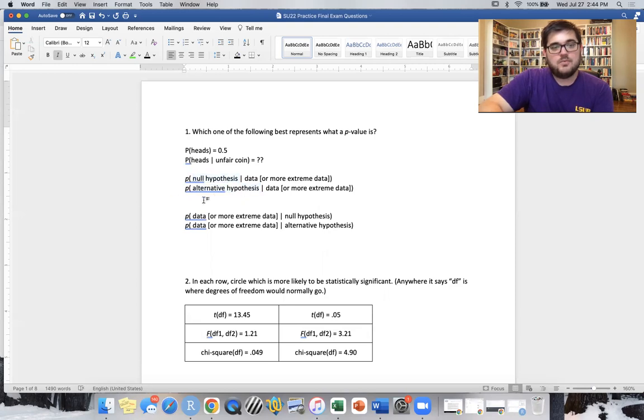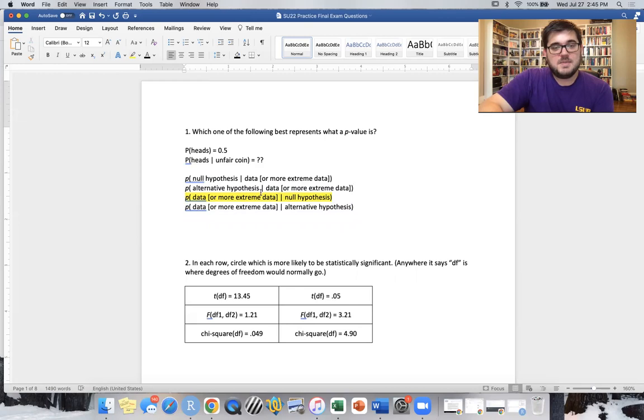The p-value concerns the probability of your data or more extreme data. And then what are we assuming is true when we calculate the probability of our data or more extreme data? We're assuming the null hypothesis is true. So it would be this third one right here.